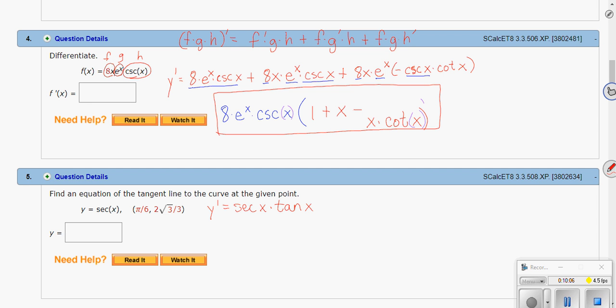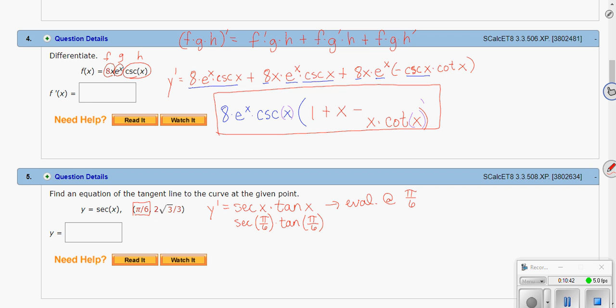And we have to evaluate that at the point pi over 6. That's how we're going to find the slope: evaluate it at the x value, pi over 6. So secant of pi over 6, and remember secant is 1 over cosine, times tangent of pi over 6.